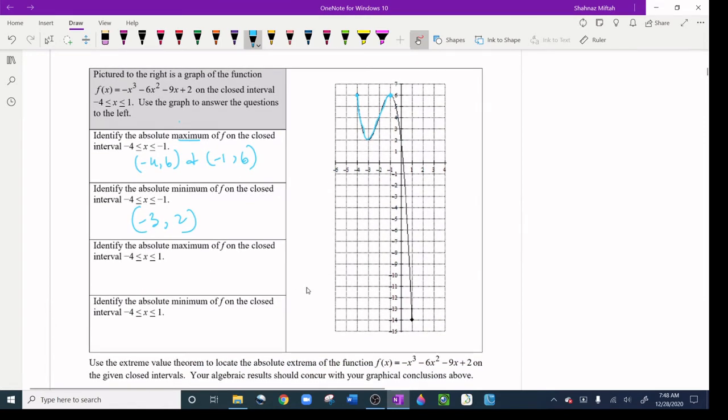Identify the absolute maximum of f on the closed interval negative 4 and 1. I'm going to start with negative 4 again, and go all the way to positive 1.